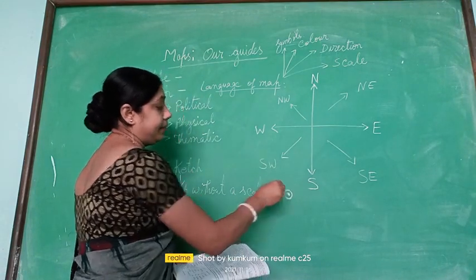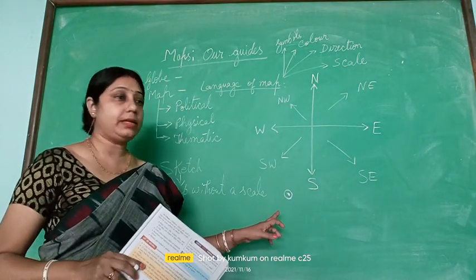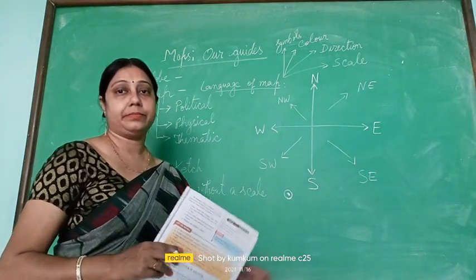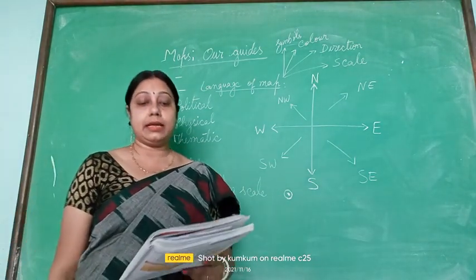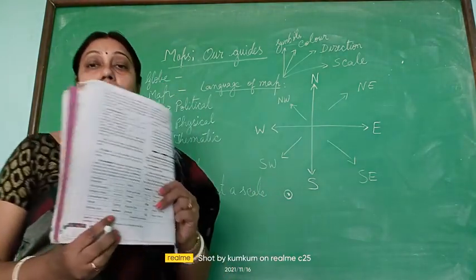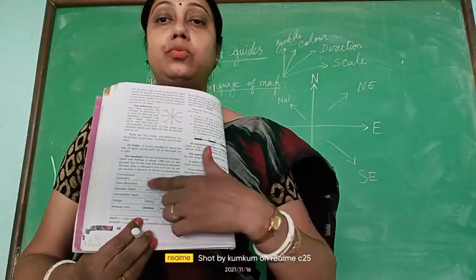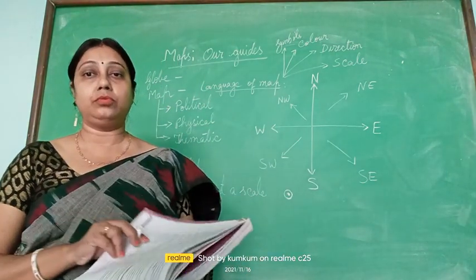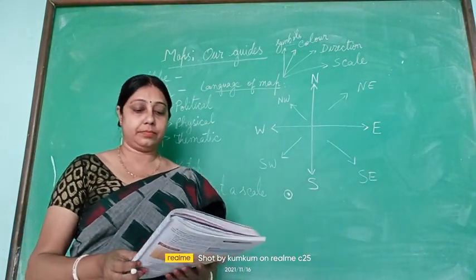So in a map, if it is done like this in place of a name, that means it is the capital city of that state. There are certain signs and symbols you can see in your book, and you can go through all the signs and symbols which are used in the map to show the things.